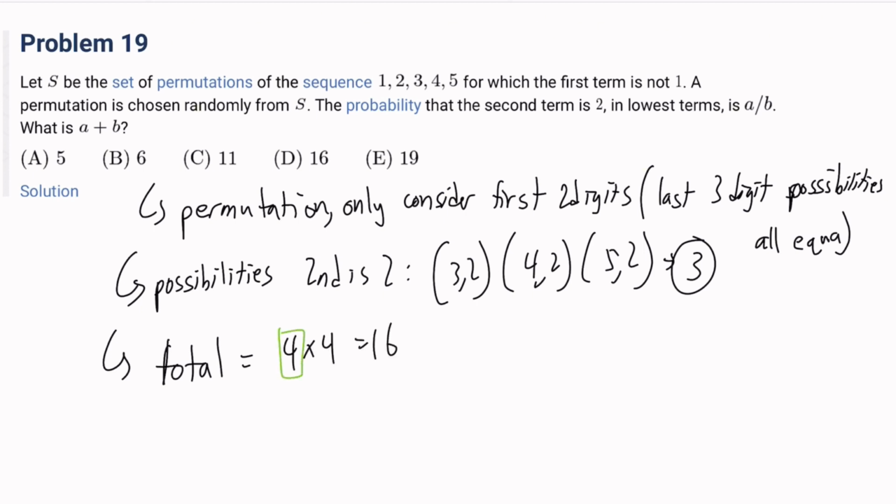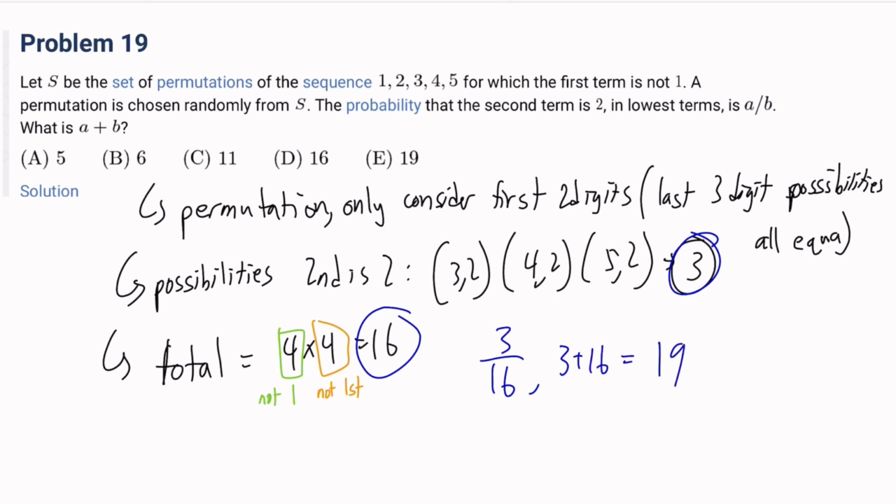This 4 is because the first one cannot be 1, and this 4 is because the second one cannot be the first number, right? And so that's just 16. So our probability is 3 over 16, and A plus B is 3 plus 16, which is 19, so the answer is 19, which is E.